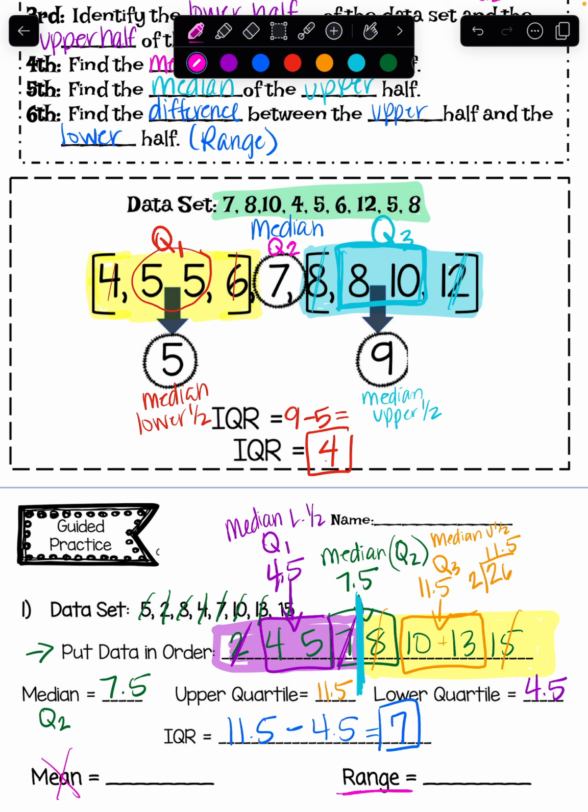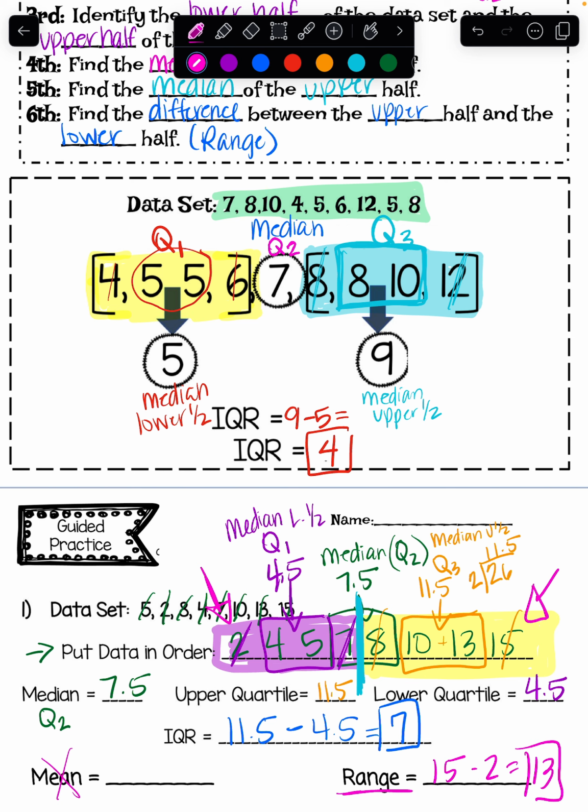So the regular range is, if we remember, a little word that has very little work that we have to do. To find the range, we just take the biggest number in our data set and subtract the smallest number in our data set, which is 2, and that would give us our range.